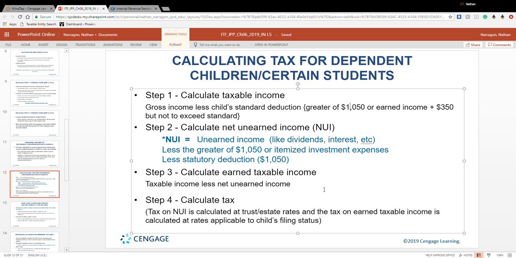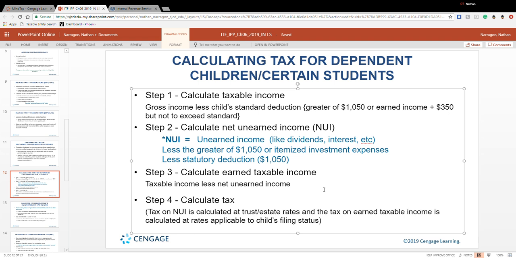Okay, so calculating the taxable income is our step 1. Gross income less the child standard deduction, the greater of 1,050 or earned income plus 350, but not to exceed the standard.